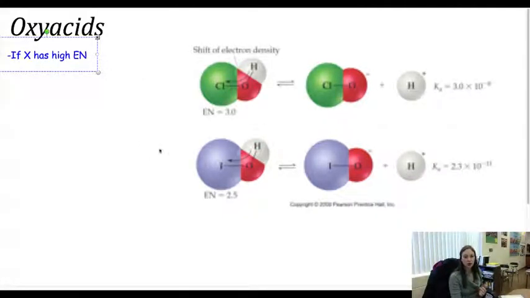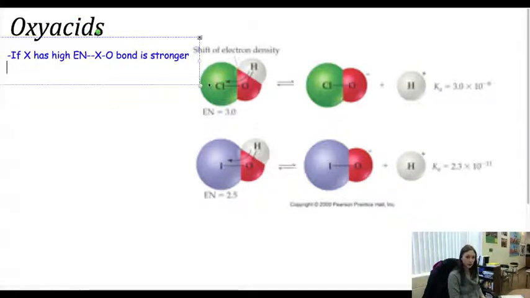And notice how these arrows here mean that these electrons are shifting towards the chlorine. Since they're shifting towards your chlorine, the ClO bond in this case, or the IO bond, so the XO bond, is stronger. Pretty much it's covalent for the most part.